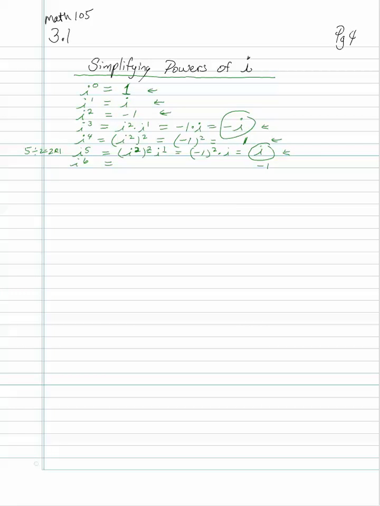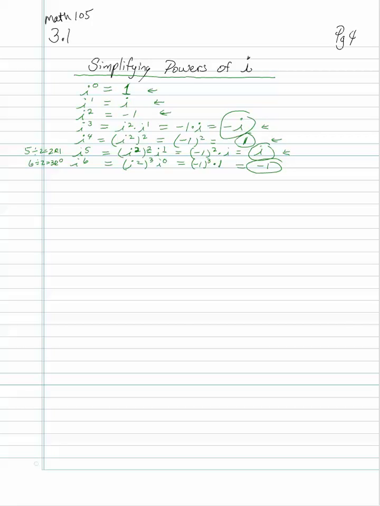Watch. So we're going to do 6 divided by 2 is 3 remainder 0. So that's negative 1 cubed times i to the 0, which is just 1. So that equals negative 1.